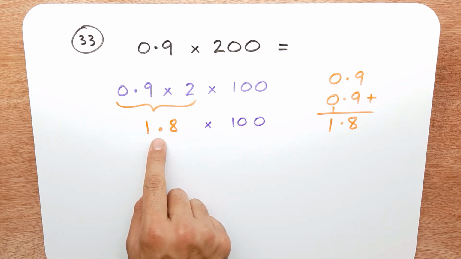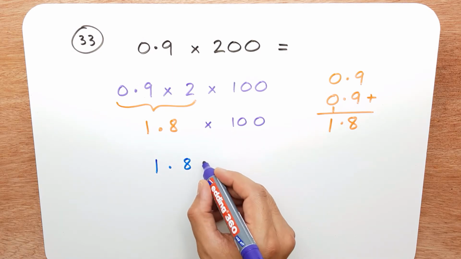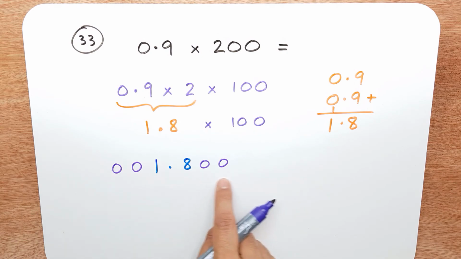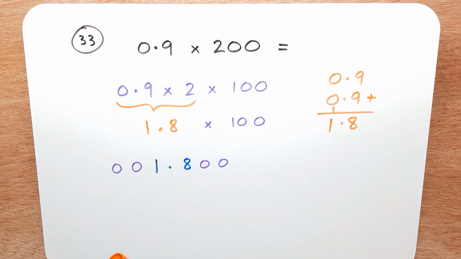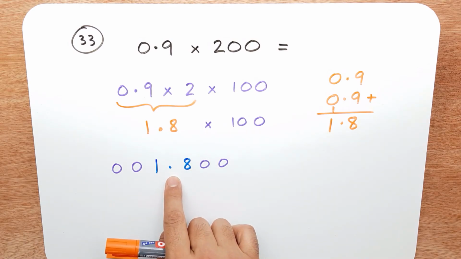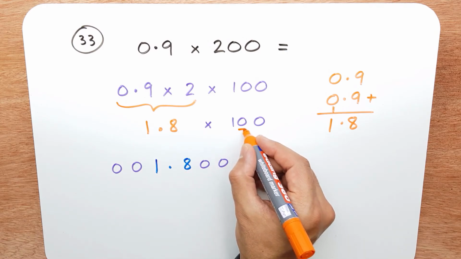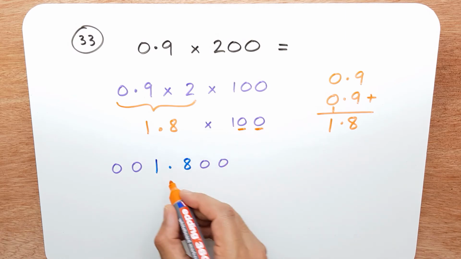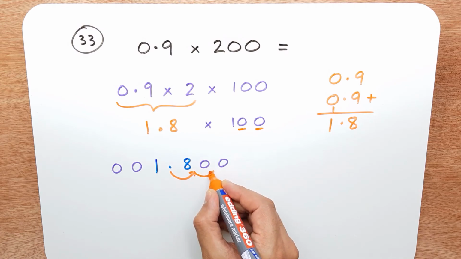And how did we do this? 1.8, add a few zeros here and a few zeros here. So all this is going on in your head. And whenever you multiply a number by 100, you move the decimal point to the right. You make the number bigger. How many times do you move it? 1, 2. Because you've got 2 zeros, you move the decimal point 1, 2.